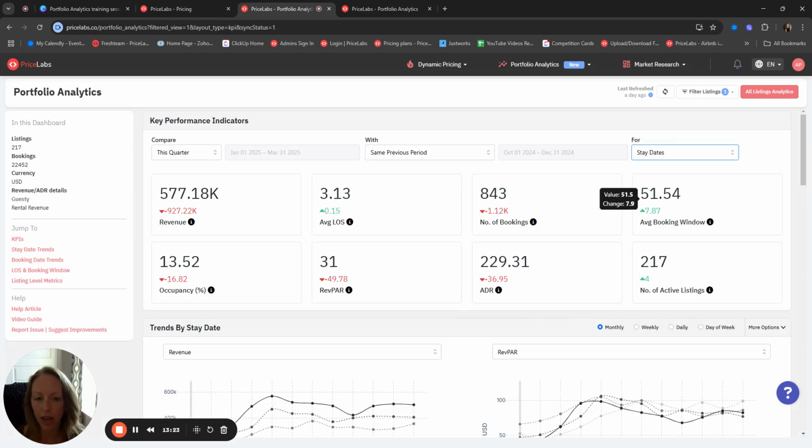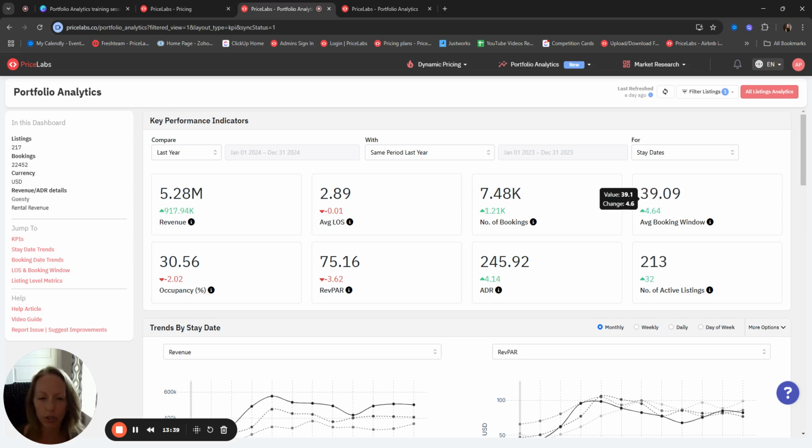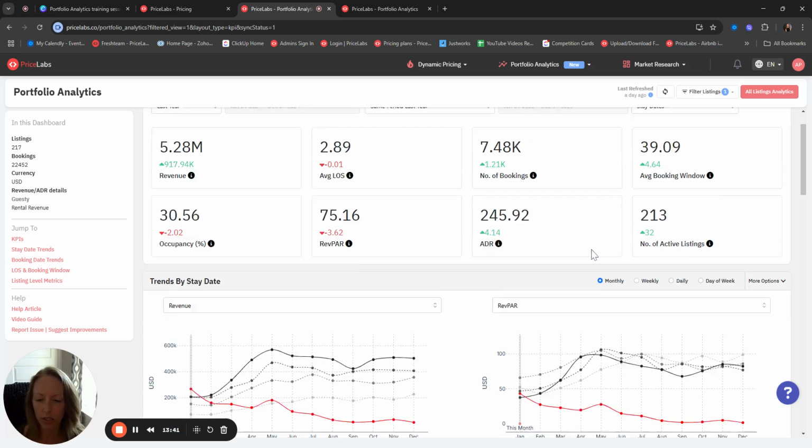So my average booking window is around 51 days, but just for this quarter, if I change and look at last year, same period last year, so just ignore that. This is fake data. That's why that's coming up. So my average booking window is really more around 30 to 40 days.